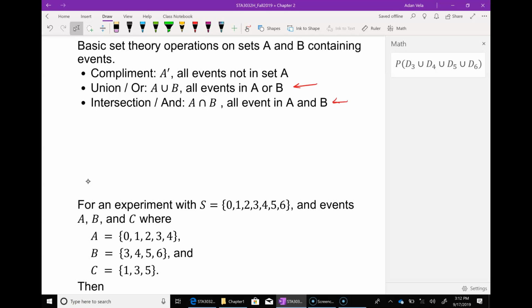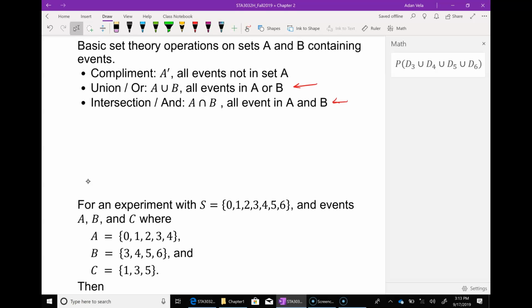Let's say we have an experiment, and we have the sample space S where our options are 1, 2, 3, 4, 5, 6. We can define event sets A, B, and C. Maybe I have a 7-sided die or a random number generator that produces integers between 0 and 6.